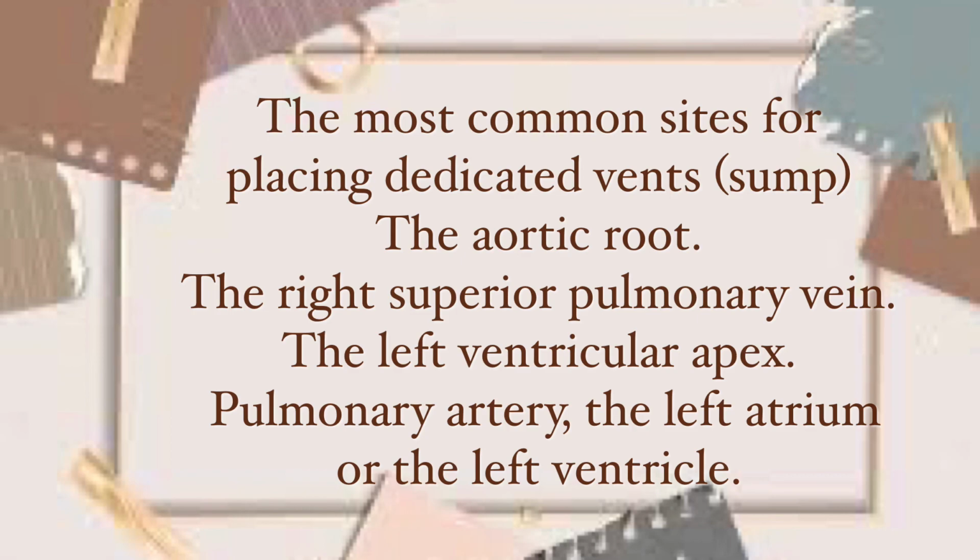The most common sites of cannula placement are the dedicated vent, the aortic root, the right superior pulmonary vein, the left ventricular apex, the pulmonary artery, the left atrium, or the left ventricle.